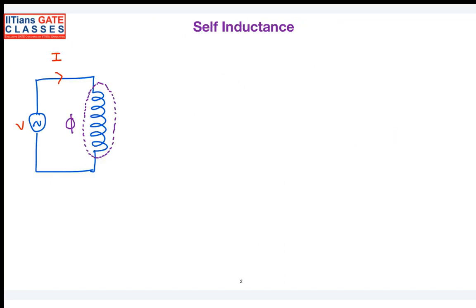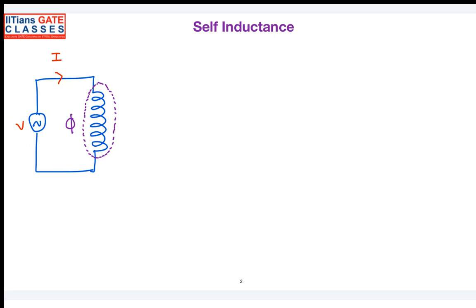First of all, we will discuss the self-inductance. Self-inductance is nothing but the inductance associated with the magnetic core itself. You can see in the example, suppose you have an inductor and you connect it to a voltage source, there will be a current.